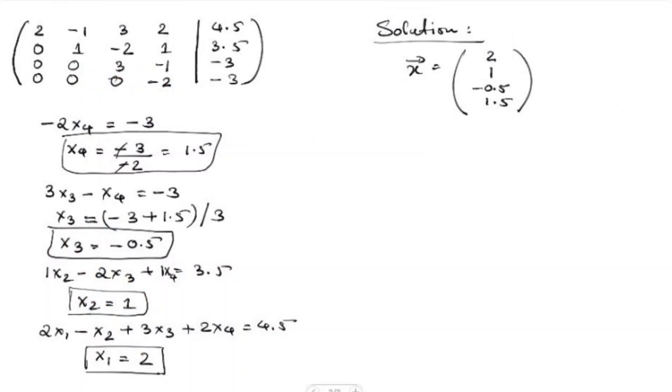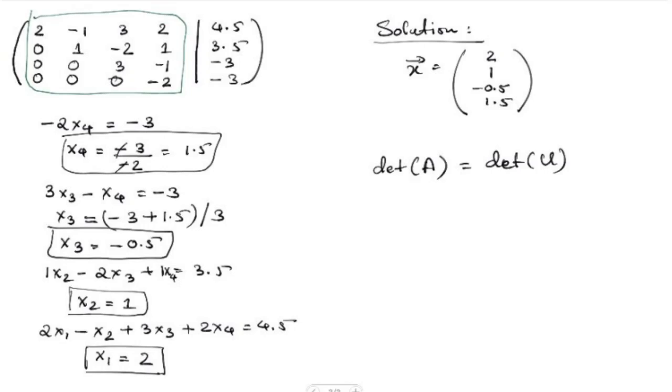So the determinant of A is actually equal to the determinant of U, the upper triangular matrix.